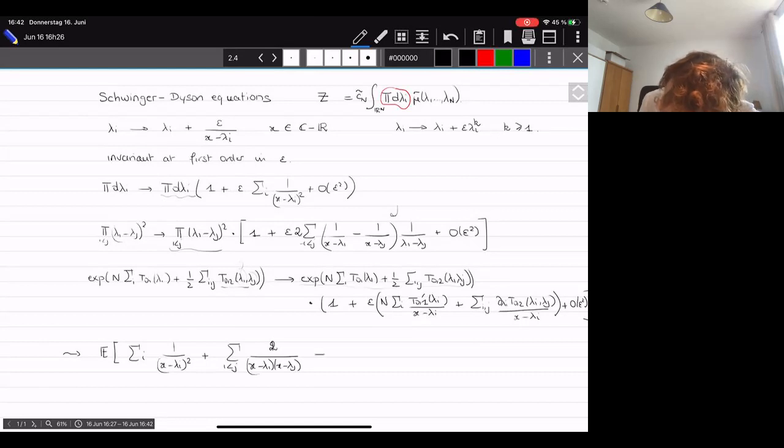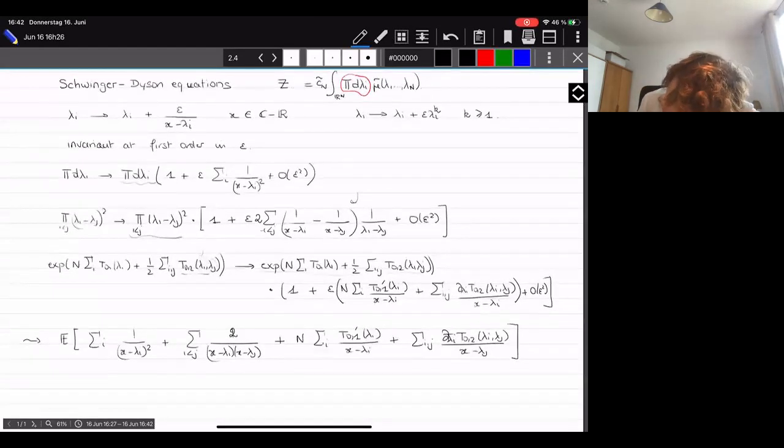And here I have these terms: n sum over i t_1 prime lambda i over x minus lambda i, and sum over i,j d lambda i t_2 lambda i lambda j over x minus lambda i. And the expectation value of all of this is 0.